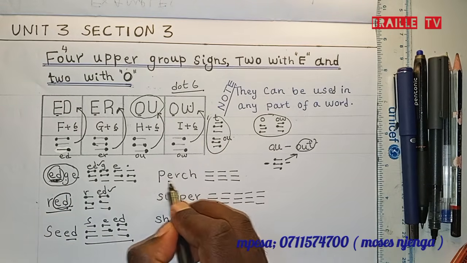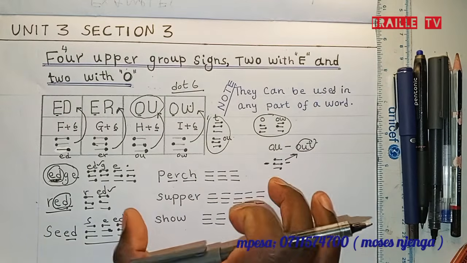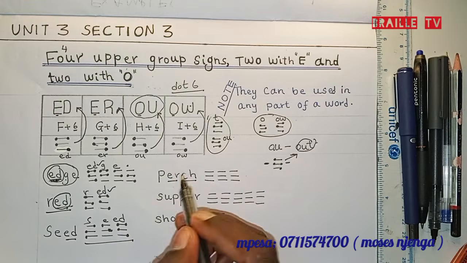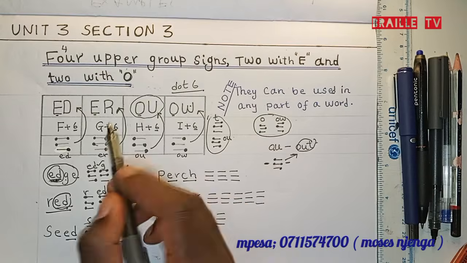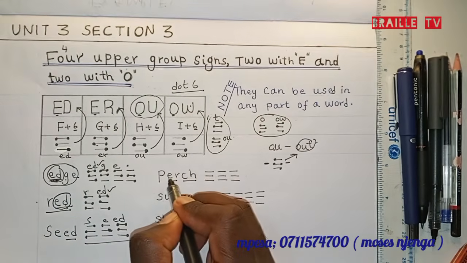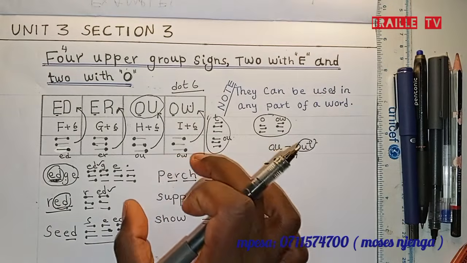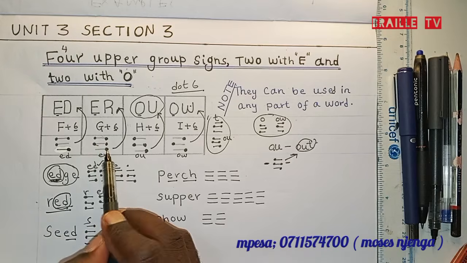Patch, we have ER here, and we have CH. Remember, I said, whenever you meet any contraction that we have looked at, you must use it, okay? So in this case, we are going to write letter P, then we contract ER, because we said ER is here. Instead of writing letter E and letter R in Braille, like in the letters of the alphabet, you just contract it by writing G plus dot 6.